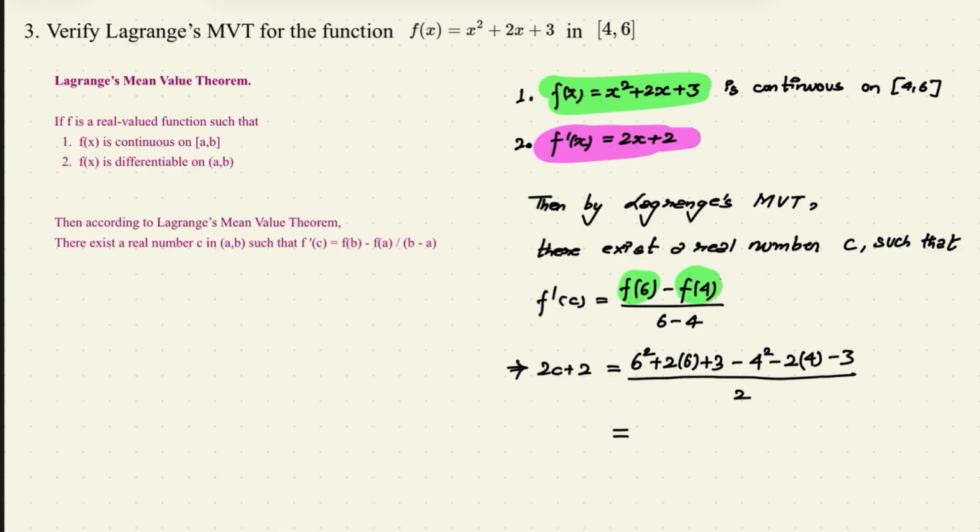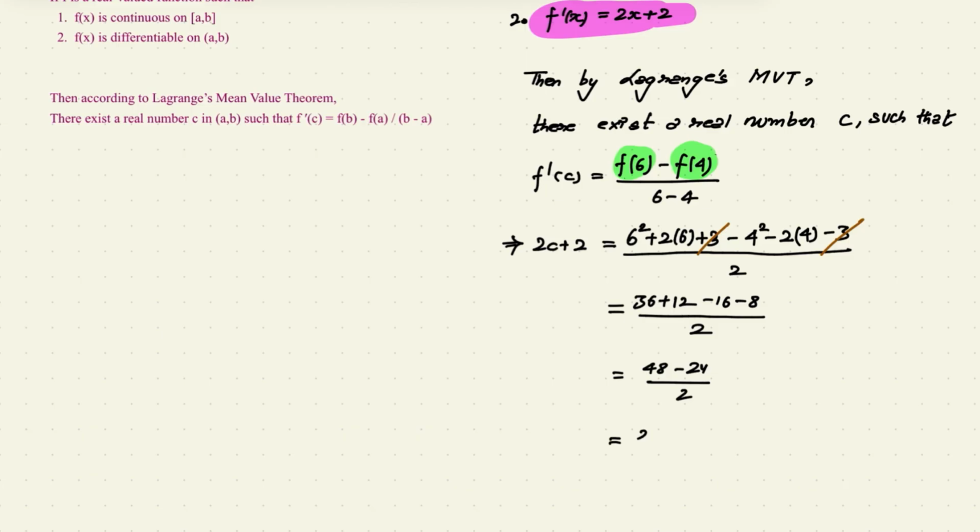So this will be equal to 36 plus 12, here this plus 3 and minus 3 got cancelled, minus 16 minus 8, whole divided by 2. So this equals 48 minus 24 by 2, which equals 24 by 2, and this equals 12.